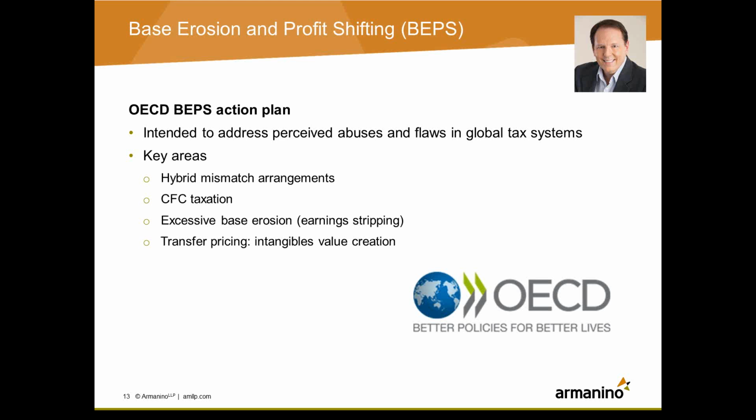Lastly, but not least, transfer pricing. The OECD has been instrumental in affecting the policy of transfer pricing, but they think it needs a new, fresh look, and that is in the area of intangible value creation.